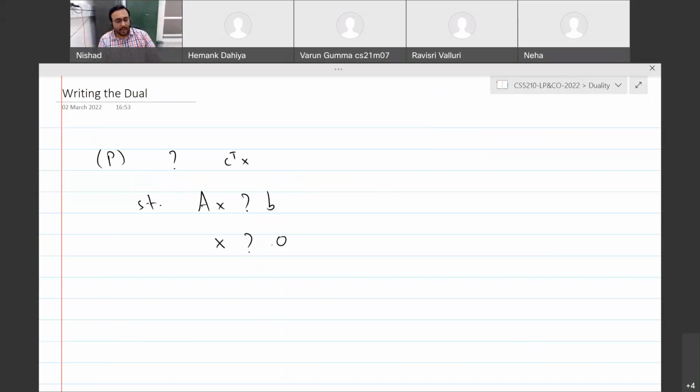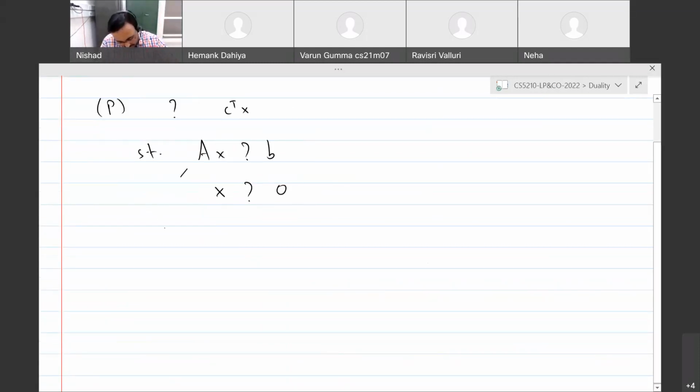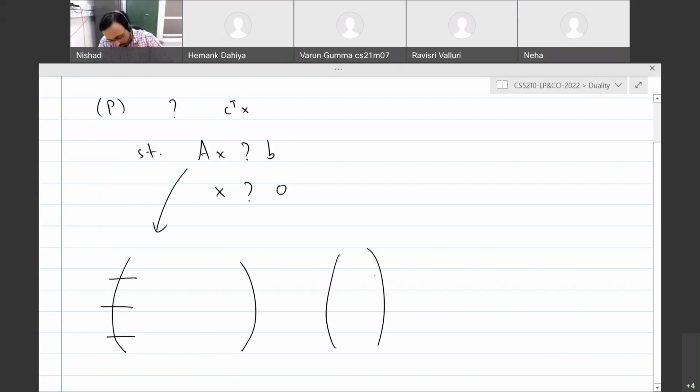The way I want you to think about it is, this is your bunch of constraints, right? Each row in the matrix A corresponds to one constraint, and the right hand side would be the entries in the vector B. Some of these could be less than or equal to, some of them could be equal to, some of them could be greater than or equal to.